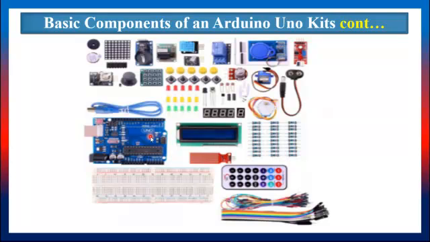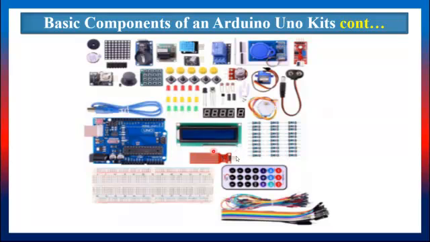Then we also have the LEDs, we have the fire, or what we call the flame sensor. We also have the infrared sensor, and then the remote for the infrared. We also have several transistors.